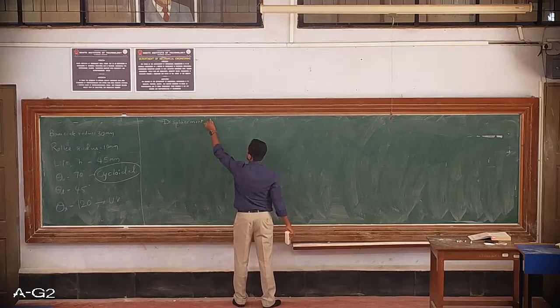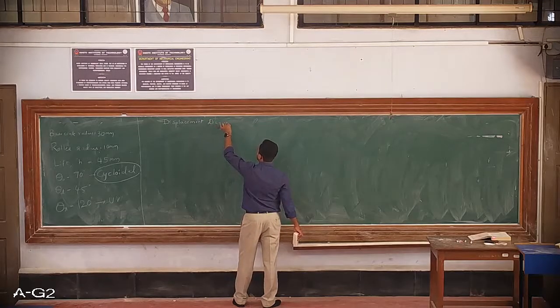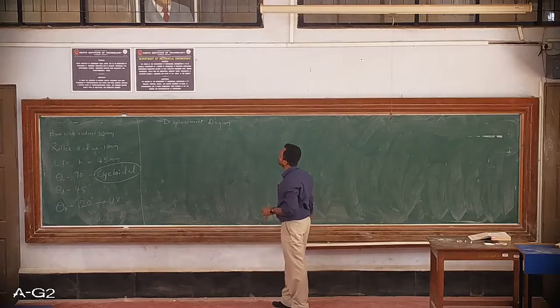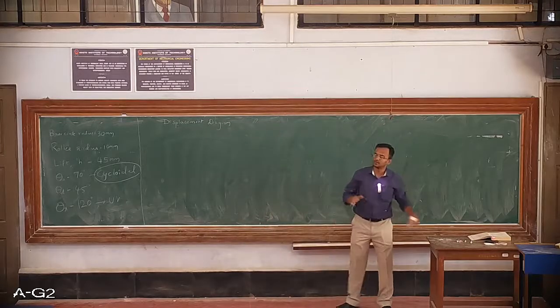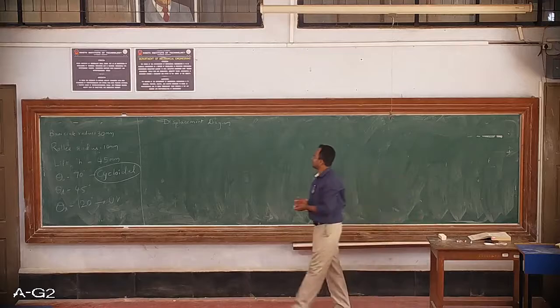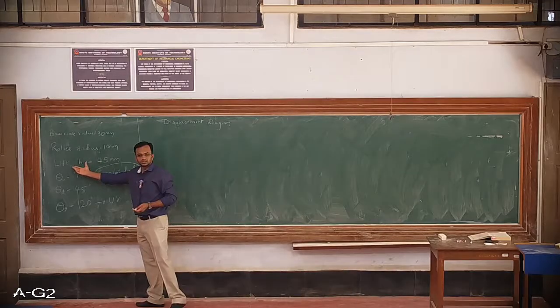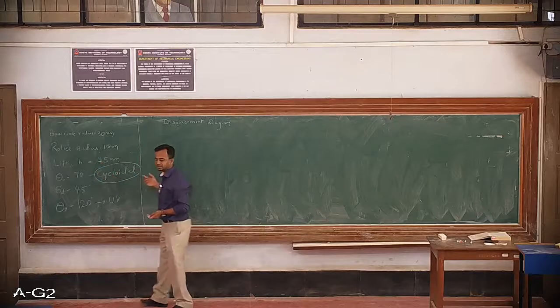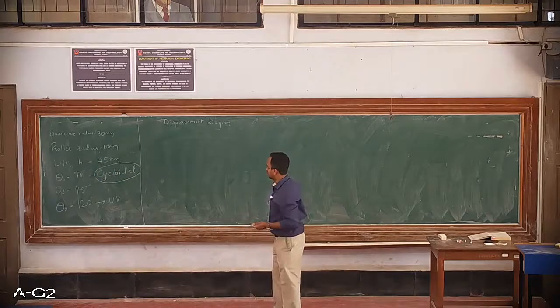Displacement diagram. As usual, the initial few steps will remain the same. I need to draw a rectangle whose height will be equal to maximum lift, that is 45 mm, and whose width will be equal to the corresponding 360 degrees of rotation.